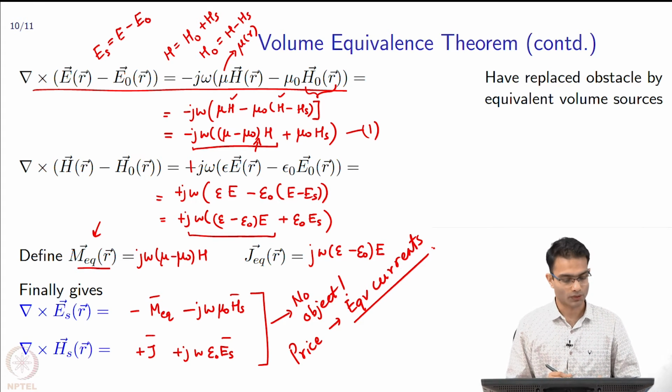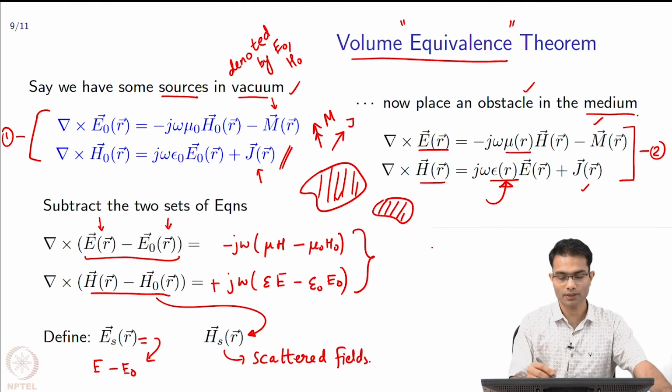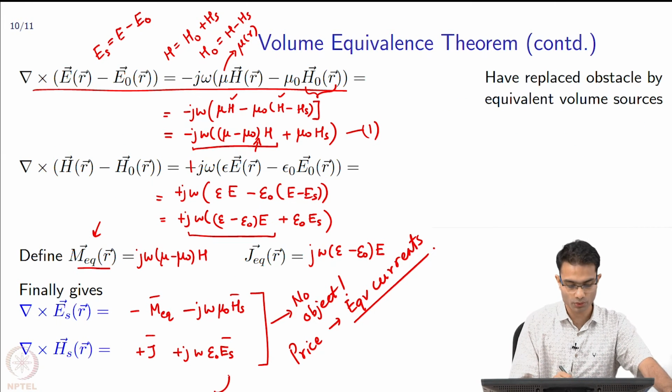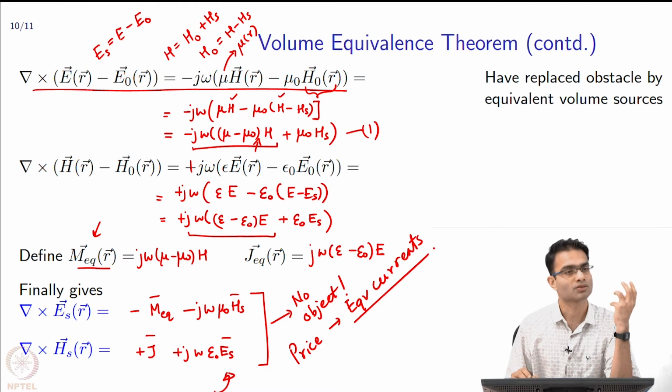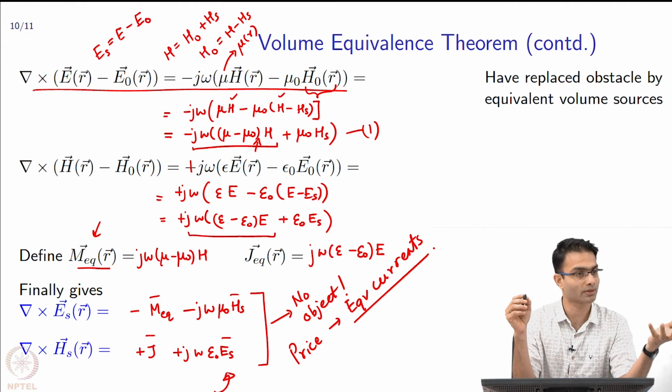So this is the volume equivalence principle, and now we can actually have a statement of what it is. What have we done? We started with an object over here and with these sets of equations. As a result of some algebra, I have reduced it down to these sets of equations, which are about sources radiating in free space. Mu naught epsilon naught is there, free space.